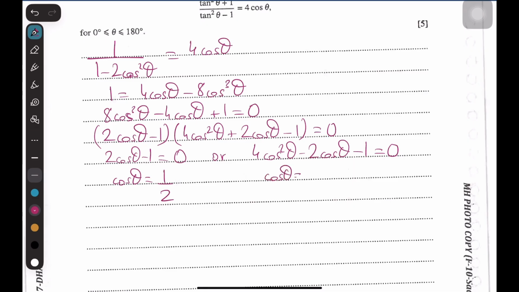So cos theta will be equal to minus b, which will become minus and minus positive 2, plus minus root of b square, so 2 square is 4, minus 4ac, upon 2a.